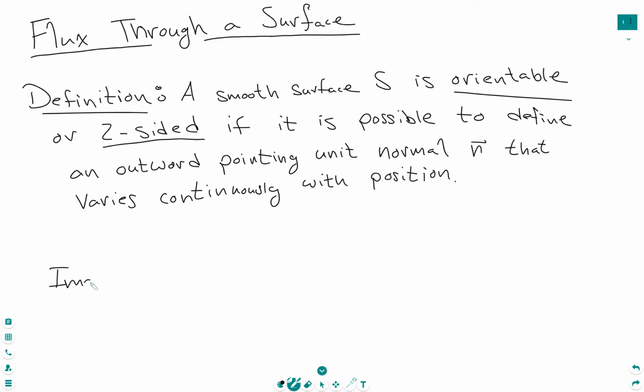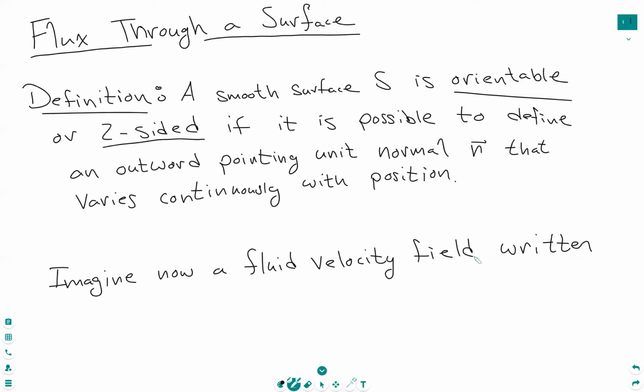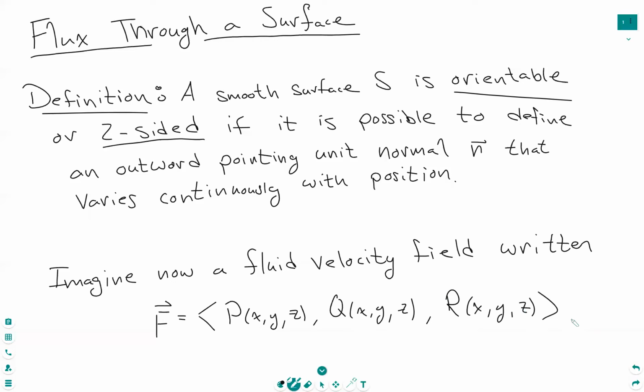Let's start by imagining a fluid velocity field written as a vector field F, which has component functions P of x, y, z, Q of x, y, z, and R of x, y, z.